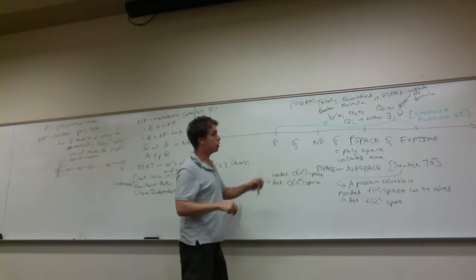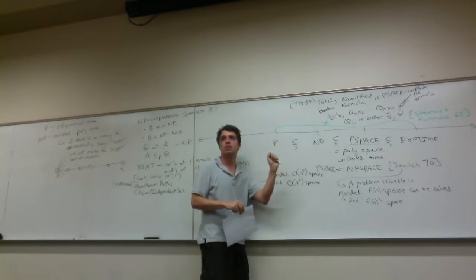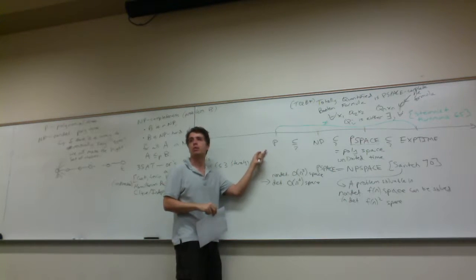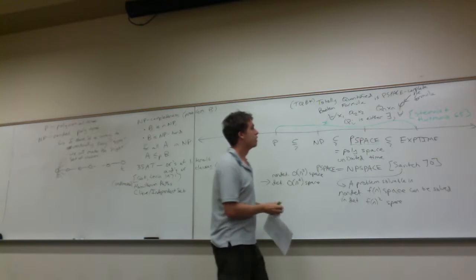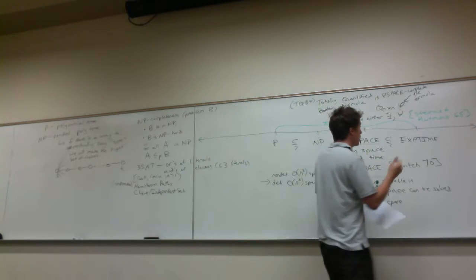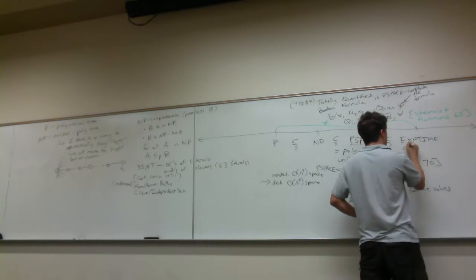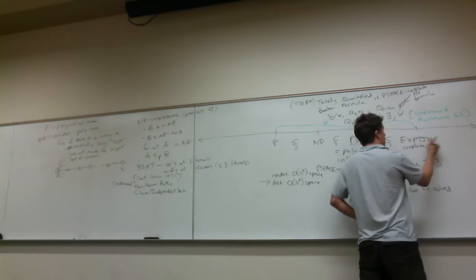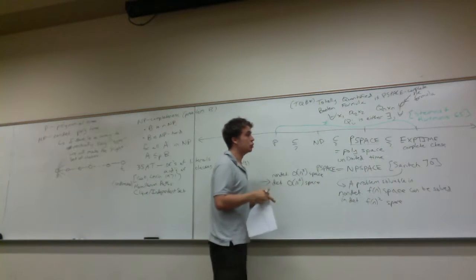So that actually shows that if we look at exponential time complete problems, then we know they don't have polynomial time solutions, okay? An example of an EXPTIME-complete problem is chess. So it's a generalized form of chess.